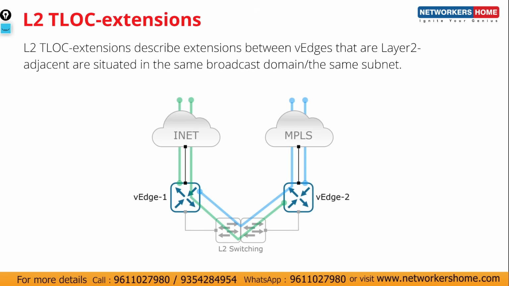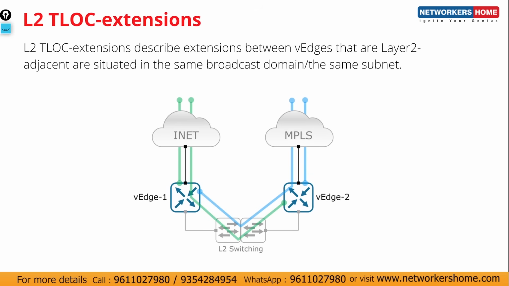So they should be on the same L2 segment, which means there should not be a layer 3 device between them. They should be able to communicate with each other, like you have seen on Cisco ASA firewalls, the failover interfaces connected to each other. This is your L2. And when we do the lab today, we are going to do L2 itself.